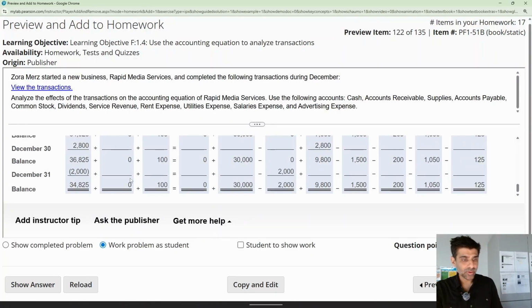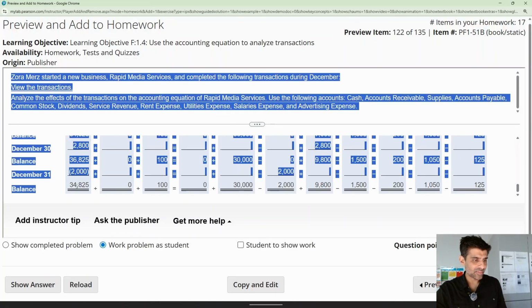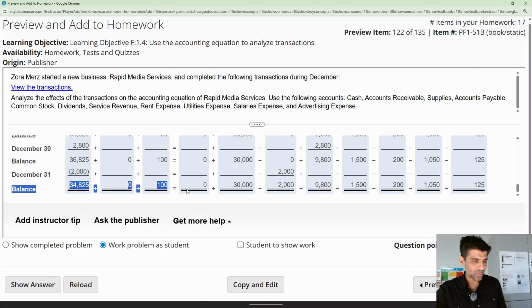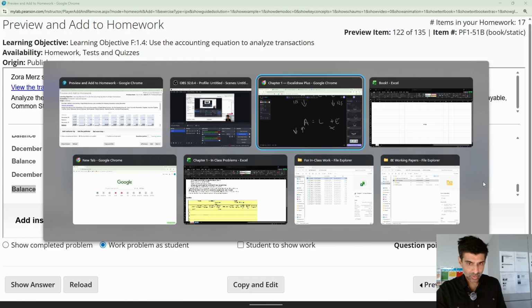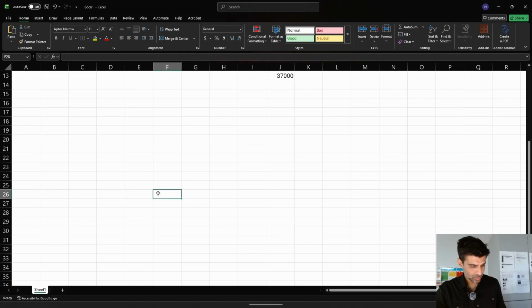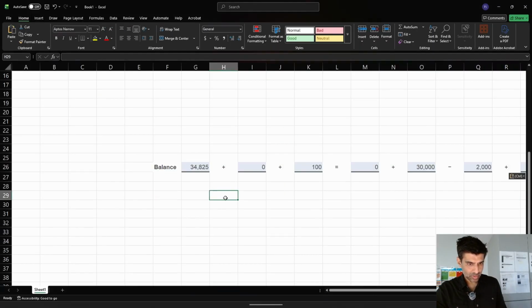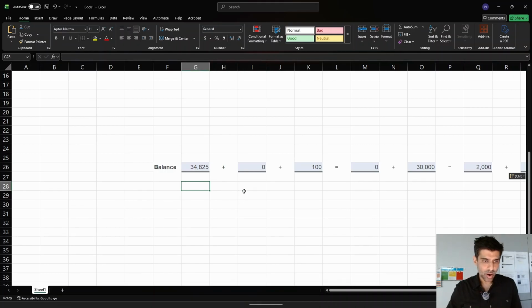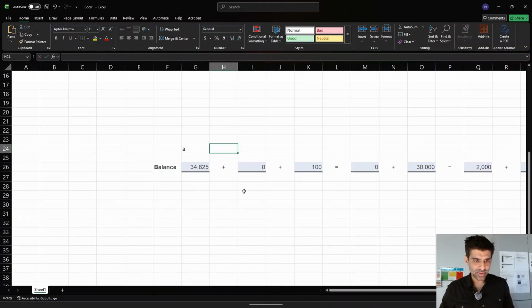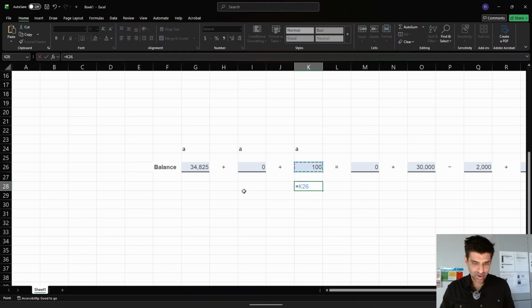Okay, so that's it. So let's just make sure this all balances. Let's see if I can do a little copy paste here. Okay, so these are my assets here. Asset, asset, asset. So my total assets is 100 plus this.